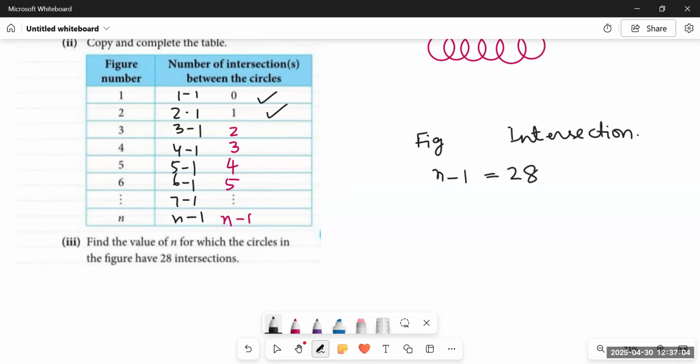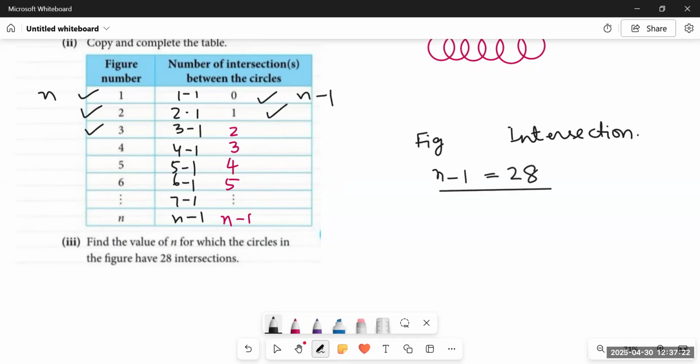These are the intersections and these are the figure numbers, the values of n, and this is n minus 1. So we simply have to apply this formula: n minus 1 is equal to 28.